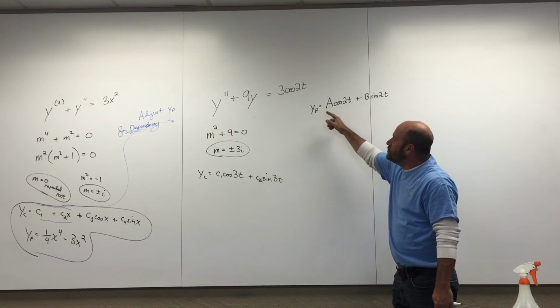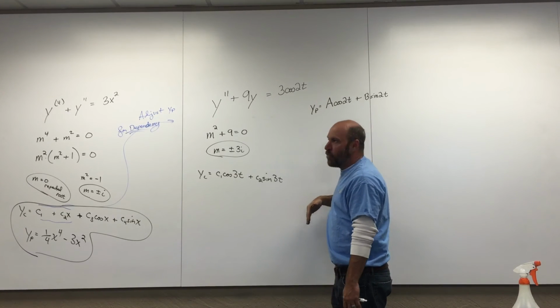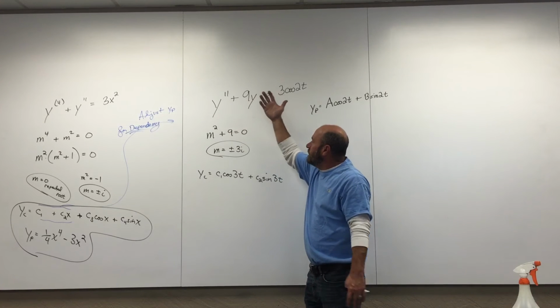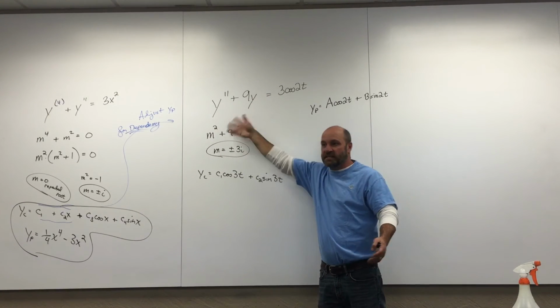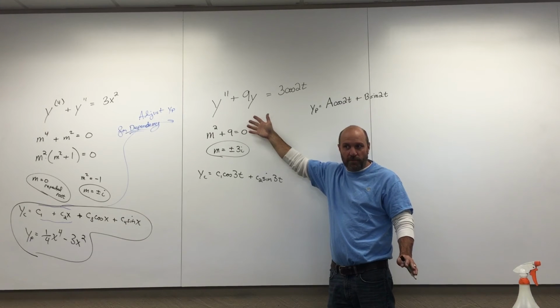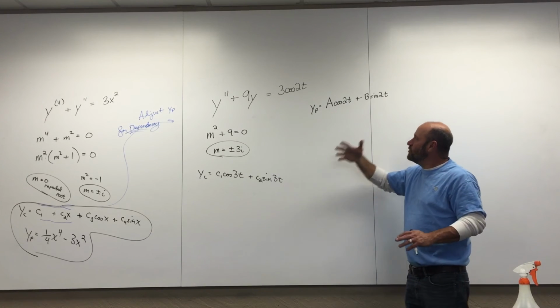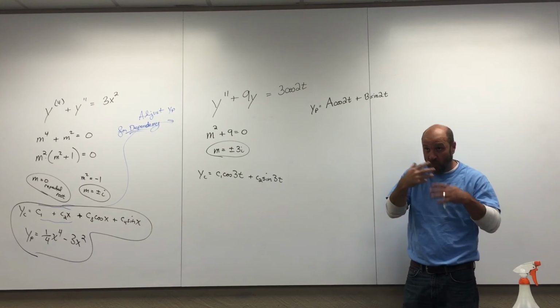You're guessing a solution for y, and you're going to take derivatives of y, and they're going to go in here, so a second derivative and an original function, and you might have cosines and sines in here. So you guess cosines and sines for a cosine or for a sine or for both.